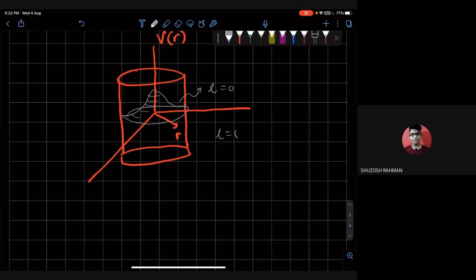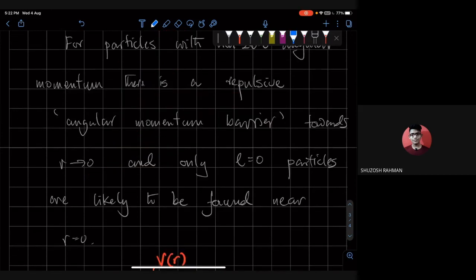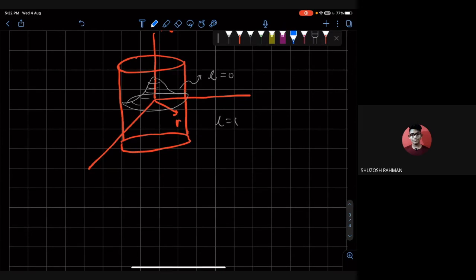Let me use a different color. It'll be maybe something like this. But the point is, it'll be 0 at the center. This is basically something with one node, but the node is at the center.